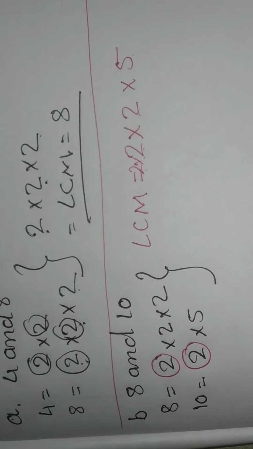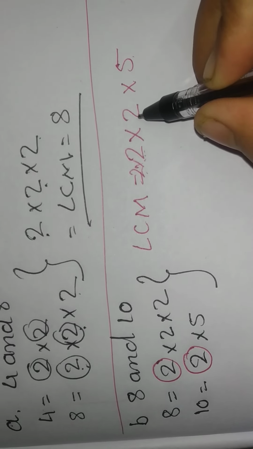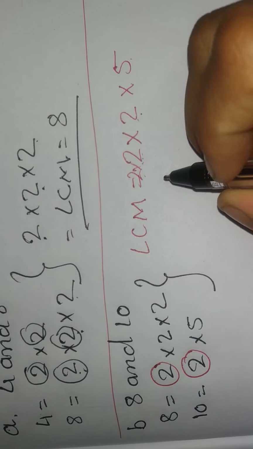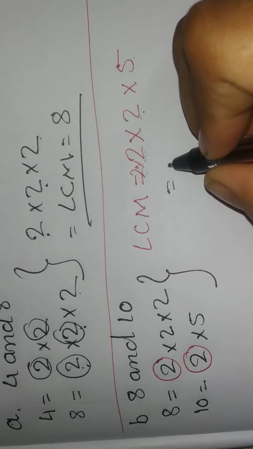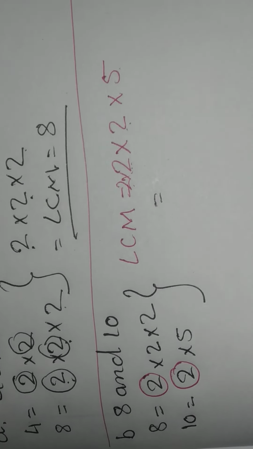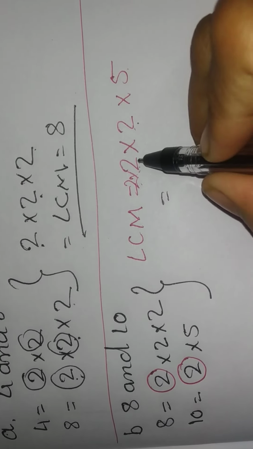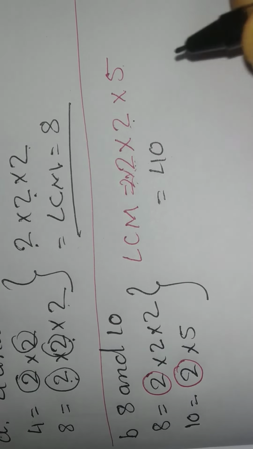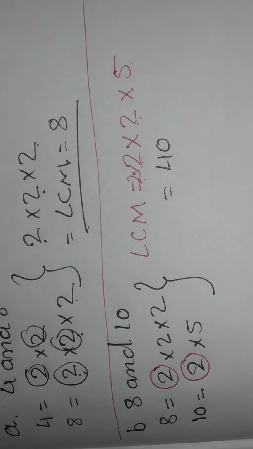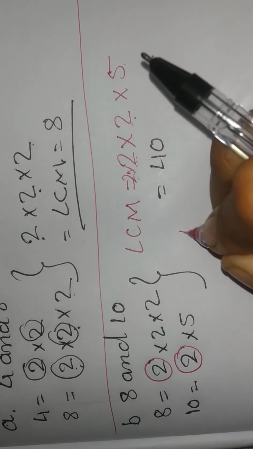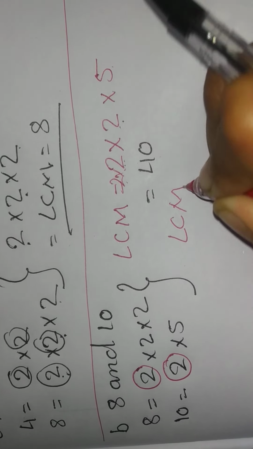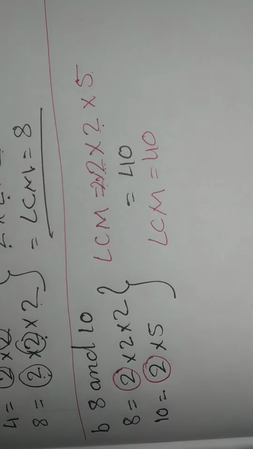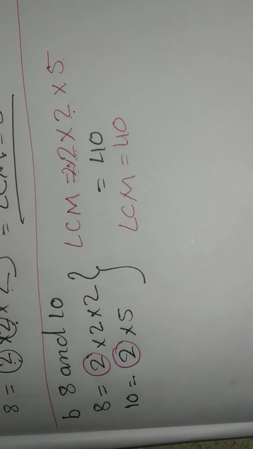So 2 2s are 4, 4 2s are 8, 8 5s are 40. LCM is equal to 40. This is the correct answer. Here we have to write LCM is equal to 40.